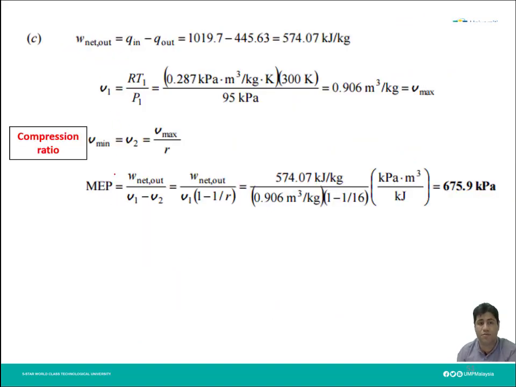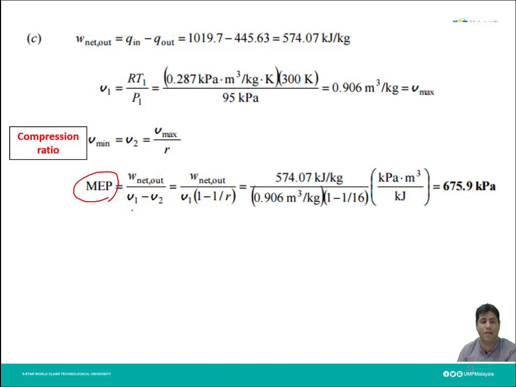Part C of the question is about mean effective pressure for this diesel cycle. If you remember, we had this equation: W net out, the total output work of the cycle, divided by the change in volume during that cycle, or actually the maximum minus minimum volume of the cylinder.